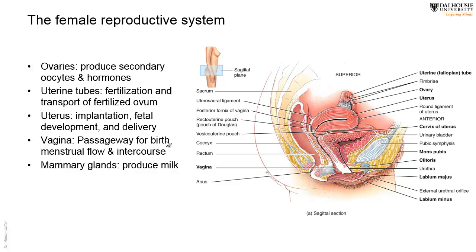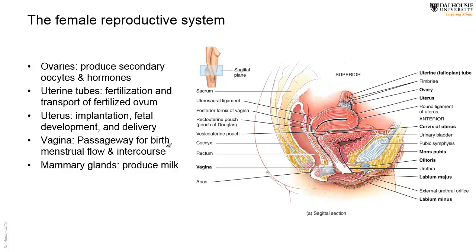Then we have the uterine tubes, and these are for the fertilization and the transport of the fertilized ovum. Fertilization takes place in one part of the tube, which is called the ampulla of the tube. And then the uterus is for the implantation, for fetal development, for delivery, and for menstruation as well.